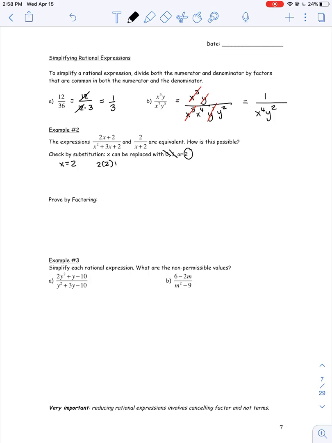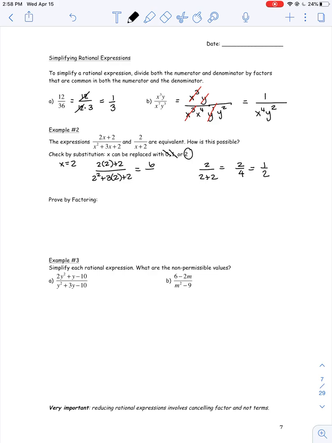So for the first expression, 2 times 2 plus 2, and then 2 squared plus 3 times 2 plus 2. I'm going to do that for the other expression, 2 over 2 plus 2, so that's going to be 2 over 4, which simplifies to 1 over 2.